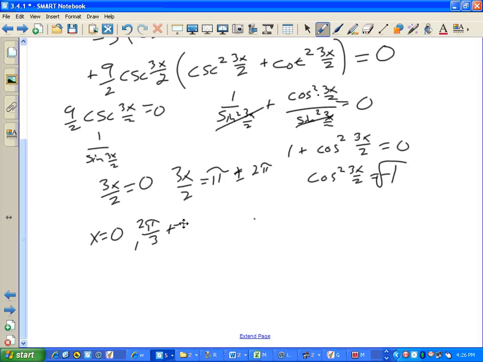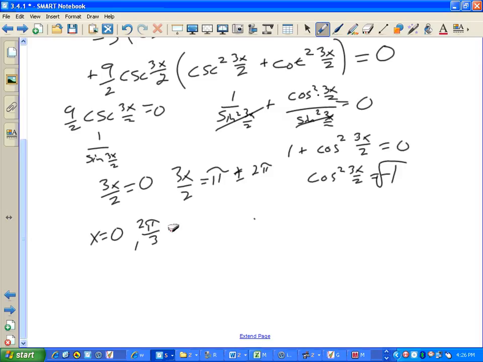Okay, this is kind of a trig review, but remember, I want to know when it's pi or a multiple of pi, and these are going to be multiples of pi. So now I want to multiply both of these by 2/3. If I multiply this by 2/3, that becomes 4/3.